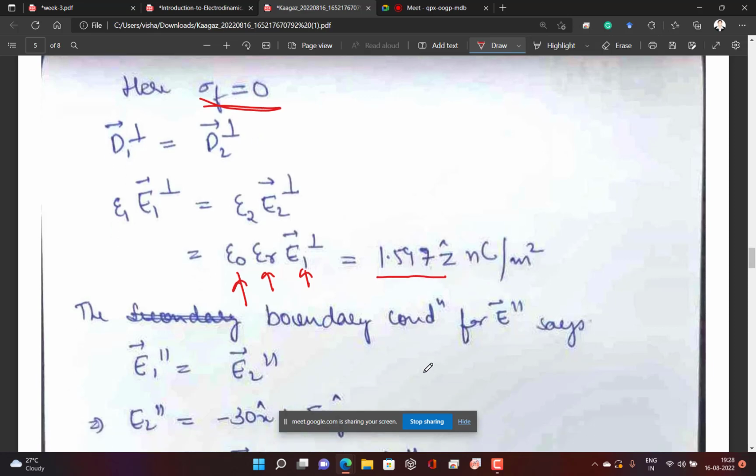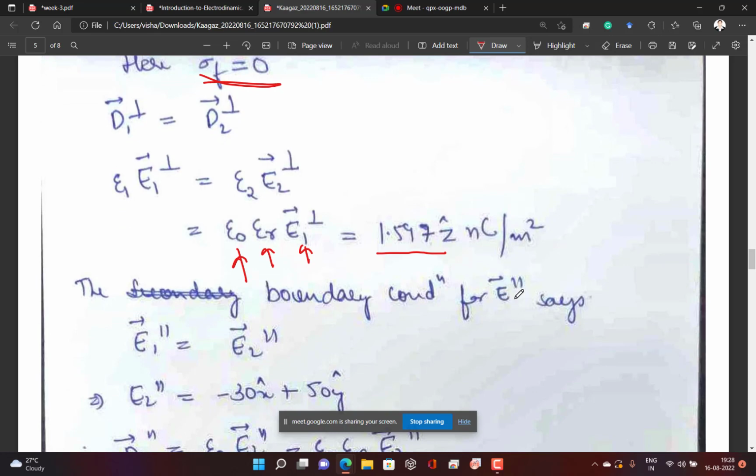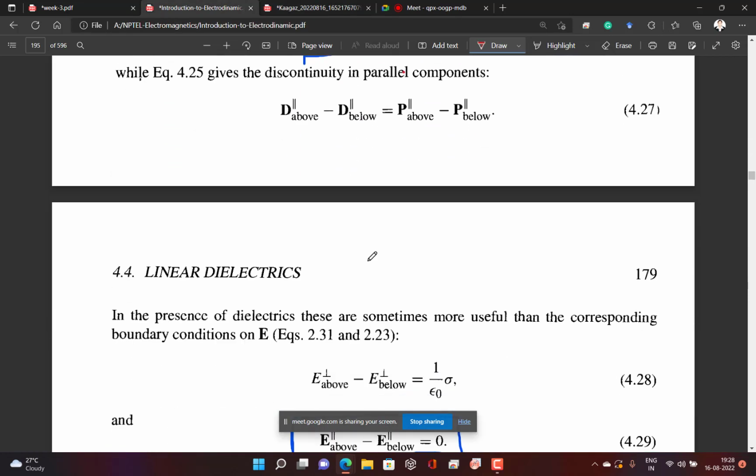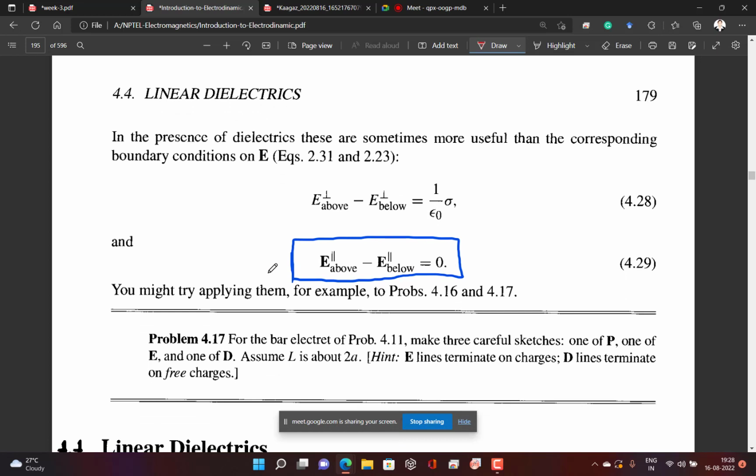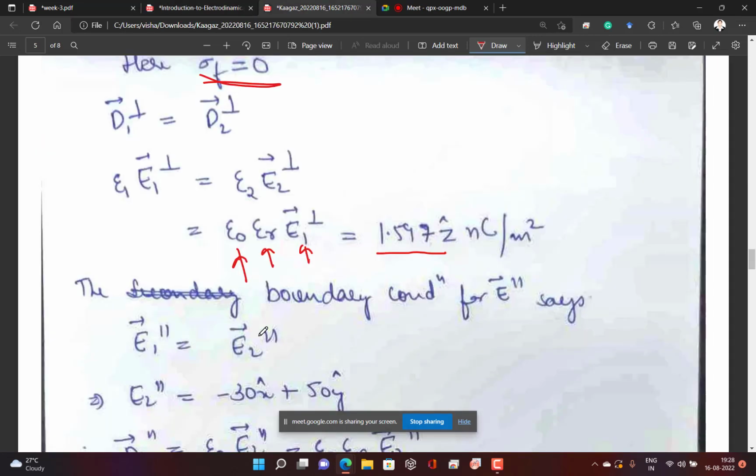Now the second boundary condition for electric field intensity parallel says that E1 parallel will be equal to E2 parallel. So E parallel above minus E parallel below is equal to 0. We will put that here.